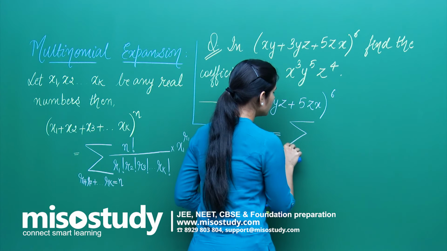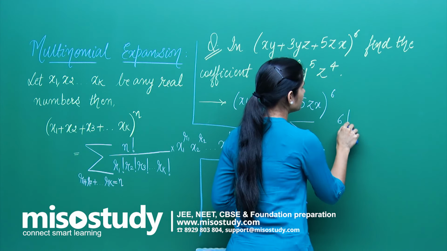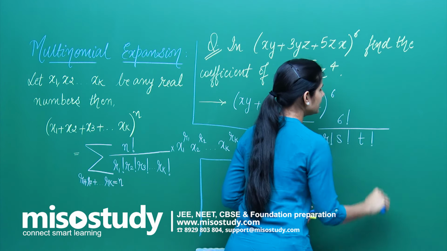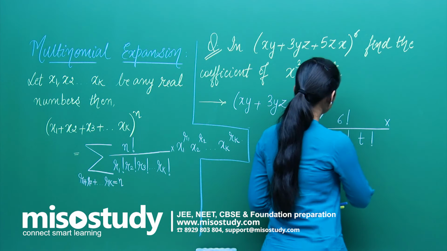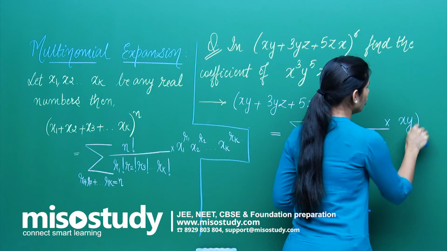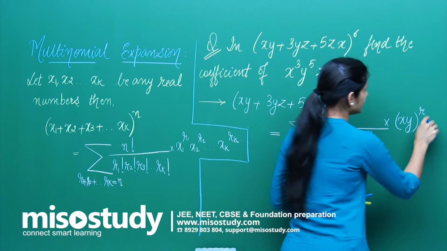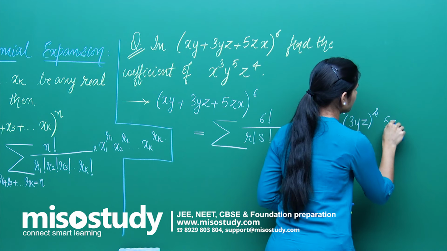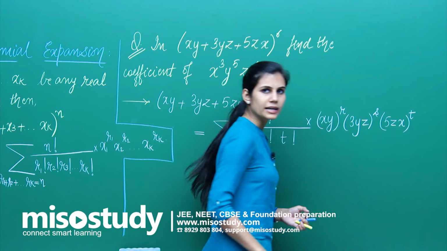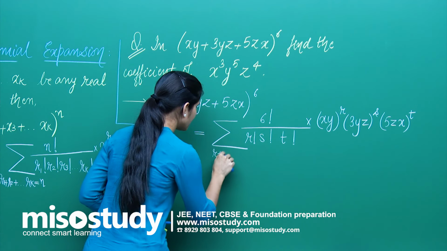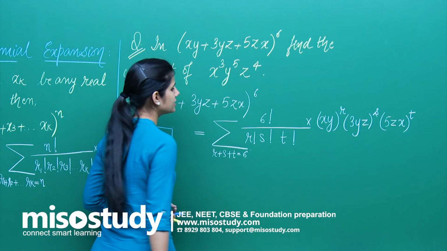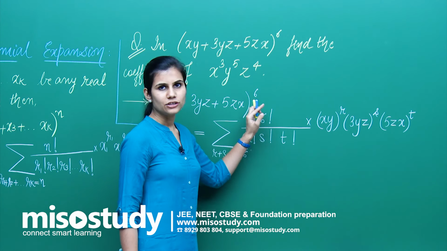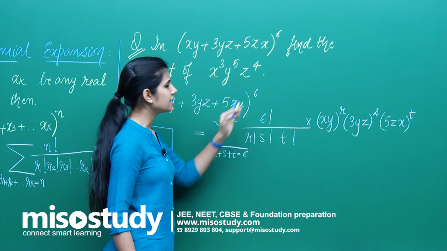This will be equal to summation 6 factorial whole upon r factorial into s factorial into t factorial multiplied by xy whole to the power r, 3yz whole to the power s and 5zx whole to the power t, where r plus s plus t is 6. This is what will be equal to the multinomial expansion of xy plus 3yz plus 5zx to the power 6.